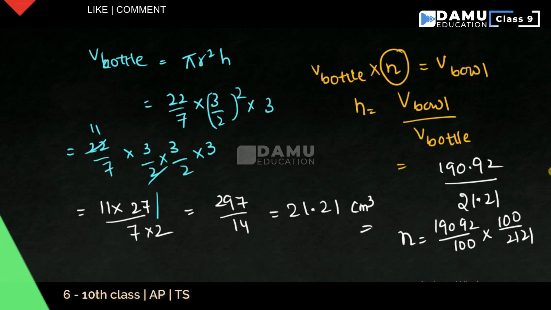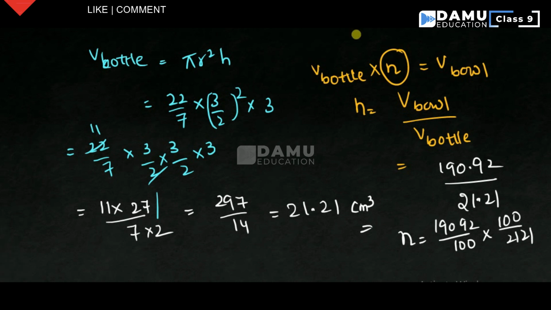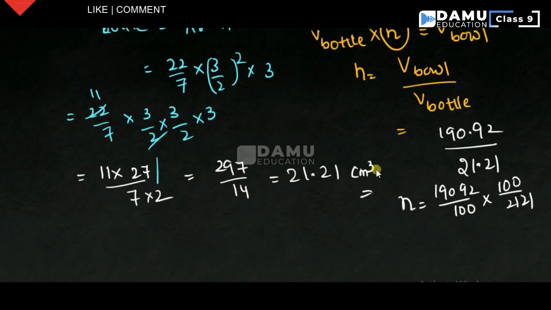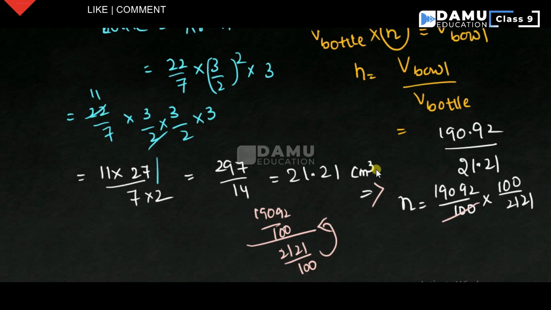Don't get confused about how it came here. We wrote 190.92 by 100 whole divided by 2121 by 100. We take the reciprocal and multiply. Here 100 will cancel. Then n will be equal to 190.92 by 2121.